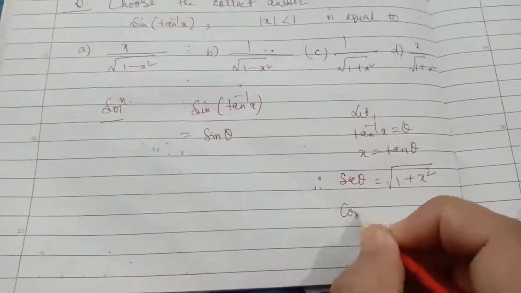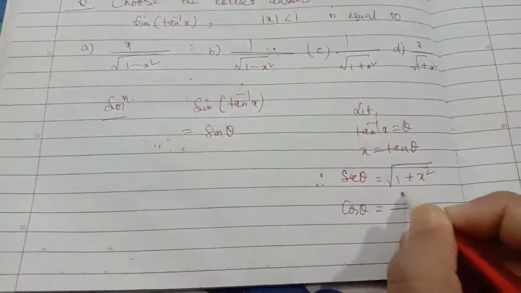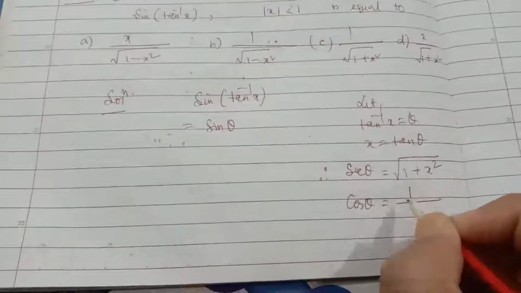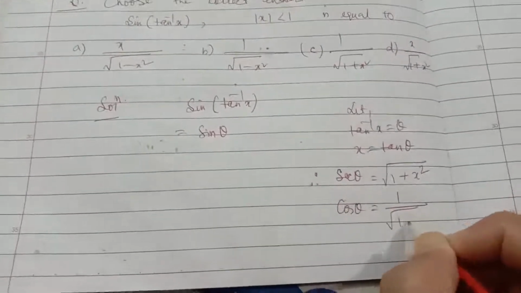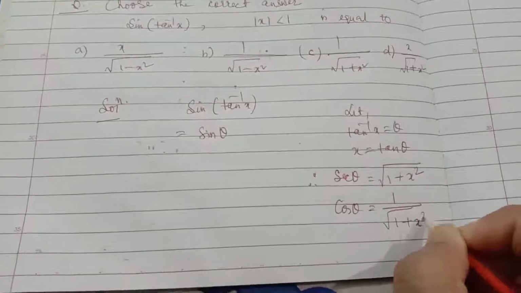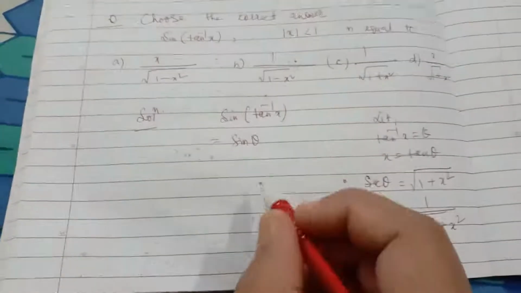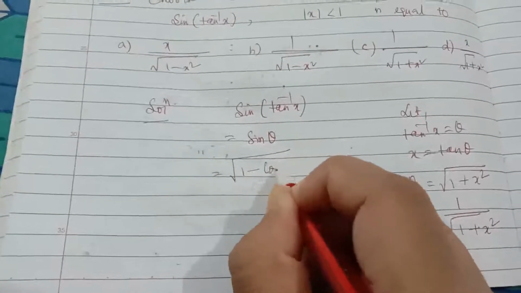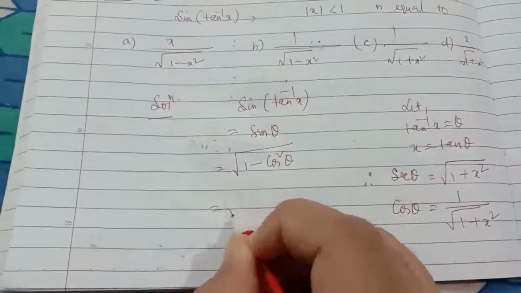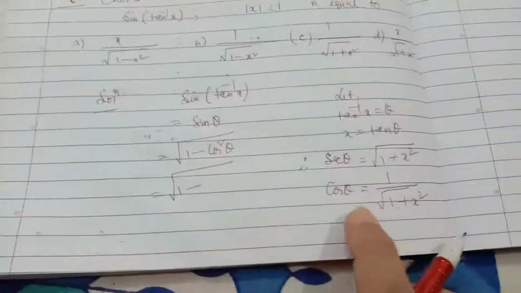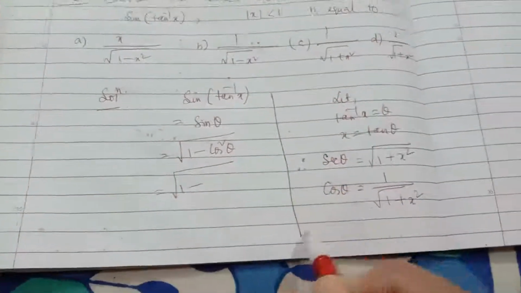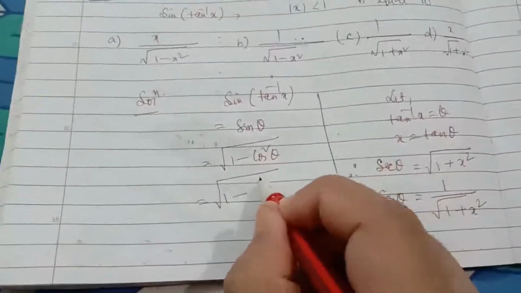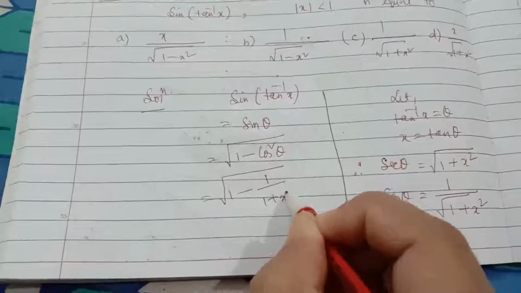What is cos theta? Cos theta is 1 by sec theta, so it will be 1 by root over 1 plus x square. Sin theta is equal to root over 1 minus cos square theta, and cos square theta will be 1 by 1 plus x square.